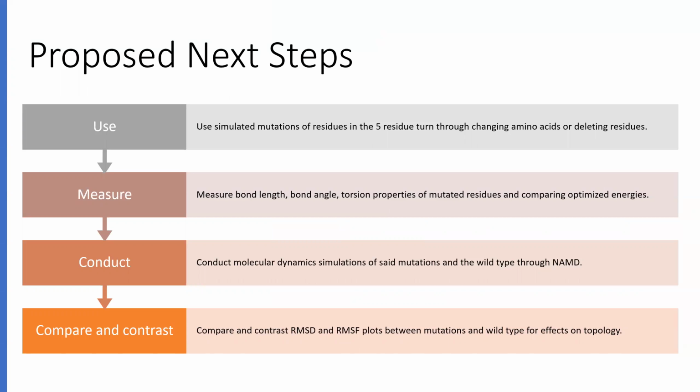You can also measure the bond length, angle, the torsion properties, and then the energy values of the mutated residue and the wild type in the .com file.